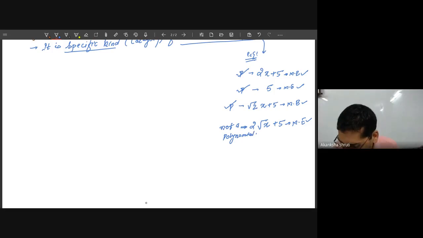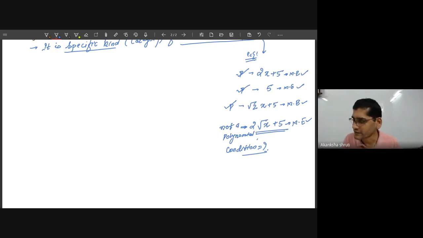Why is this not a polynomial, but all the above three are polynomials? There are certain conditions. What is that condition that we have to learn, so that a mathematical expression becomes a polynomial?